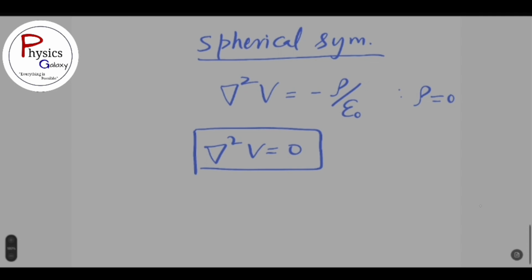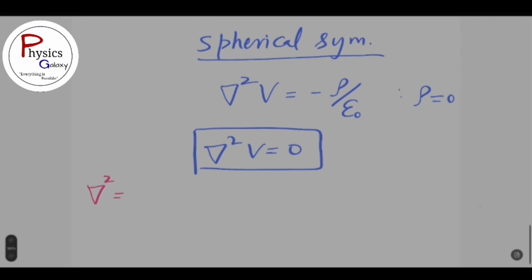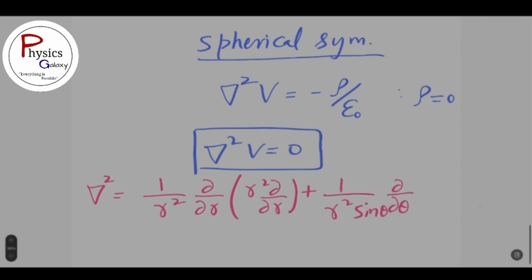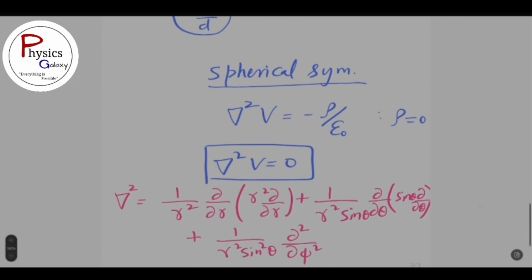As we know, the del square operator in the spherical system is given as, it's a very long equation, del square equals 1 over r square dou by dou r of r square dou by dou r, plus 1 over r square sine theta dou by dou theta of sine theta dou by dou theta. And there is one more term, plus 1 over r square sine square theta dou square by dou phi square.